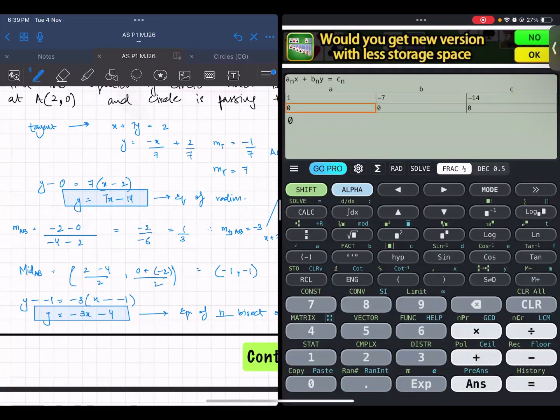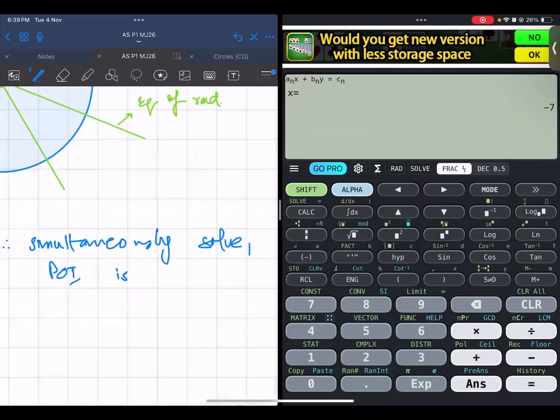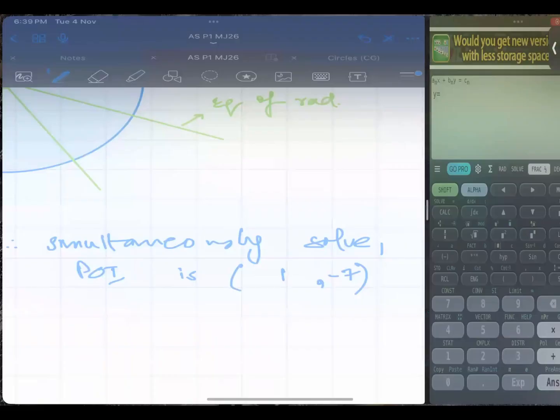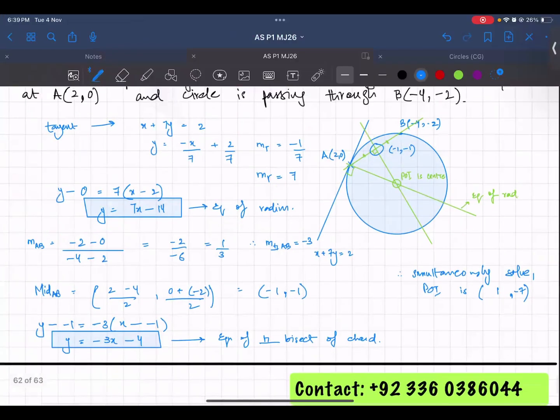So the point of intersection is the center, 1 comma minus 7. And now you can find the radius as well.